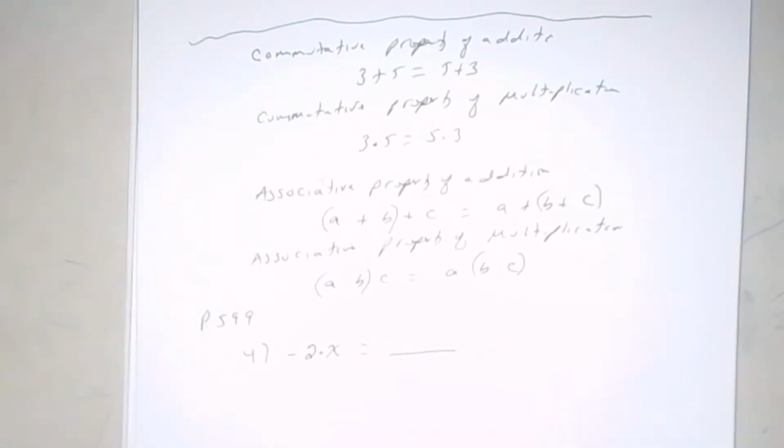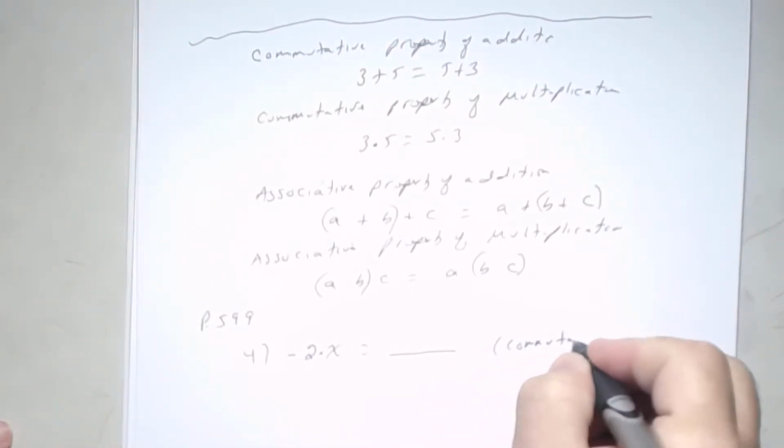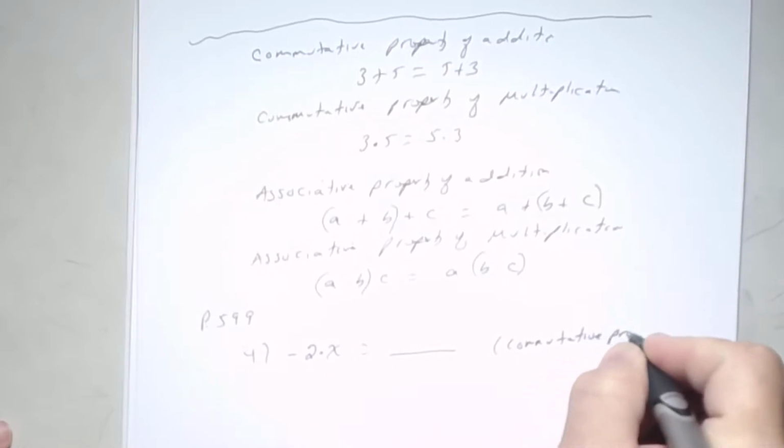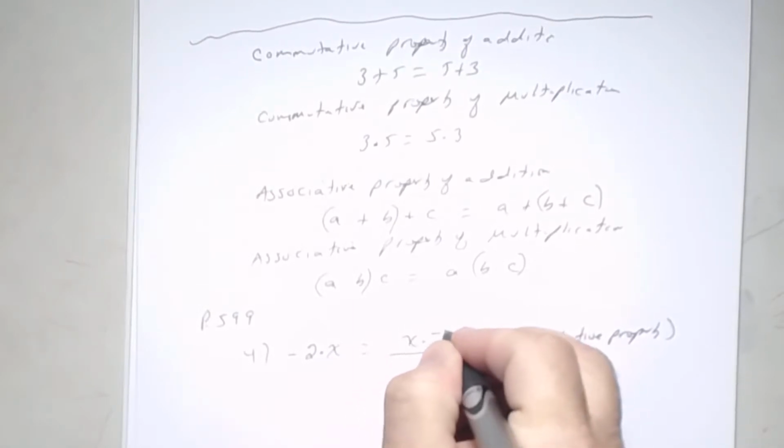So you can put something that's blank, and they want you to use what kind of property? Commutative property. Now remember, commutative property says the order does not matter. Now what operation is this? Multiplication. So you want to use a commutative property dealing with multiplication. So negative 2 times x, what do you think is going to go in the blank? X times negative 2. That's what goes in the blank.